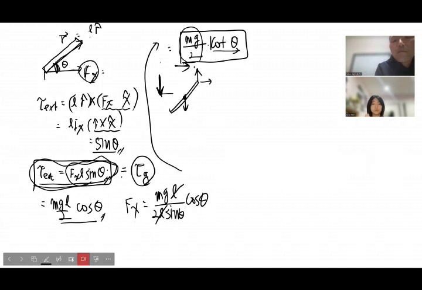But if you have the external force in the horizontal direction, the amount of force needed to keep the system in equilibrium depends on the angle of the rod. Okay, so that is number one.